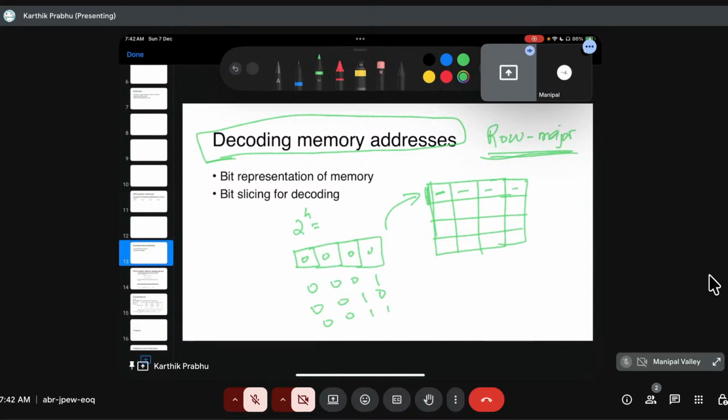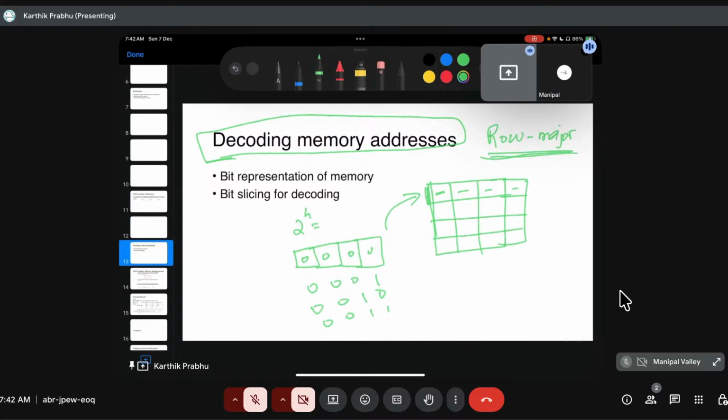Right? Is it clear so far? So like that, all of the 16 locations, it's clear, right? So far, any doubts? Yeah. So all of these four locations will go into these four in the top row, and then we'll go down and we'll go down.